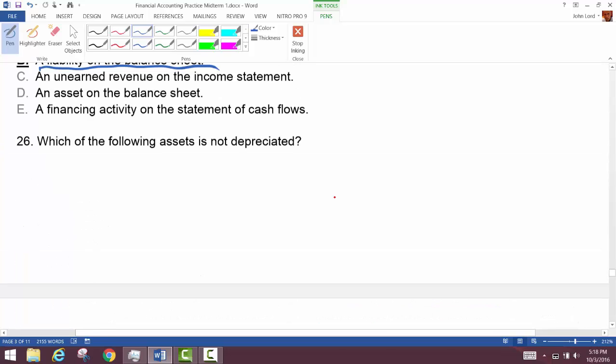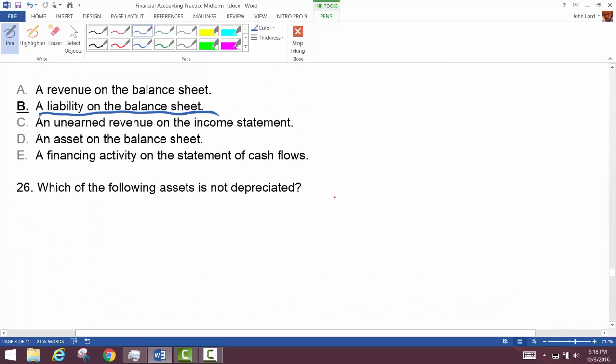Well, you understand that accounts payable is a liability, right, for my utility bill? Let me break it down for you. We know that utilities is a liability, right?